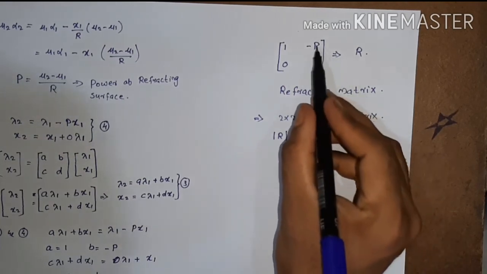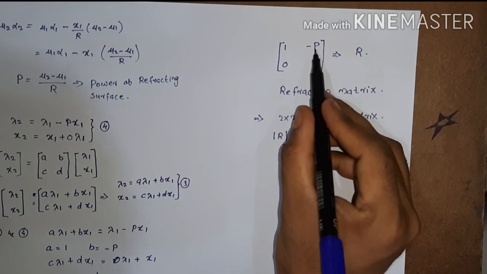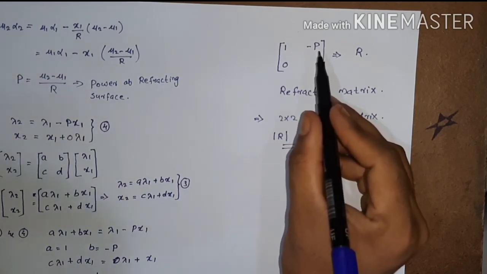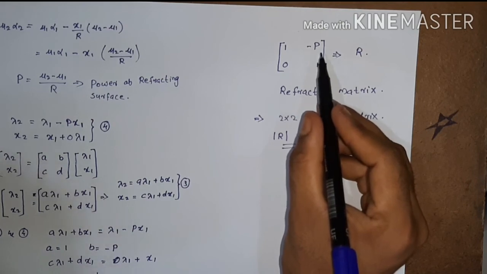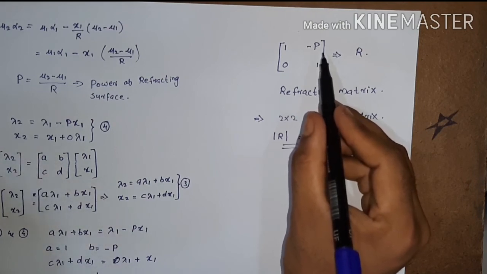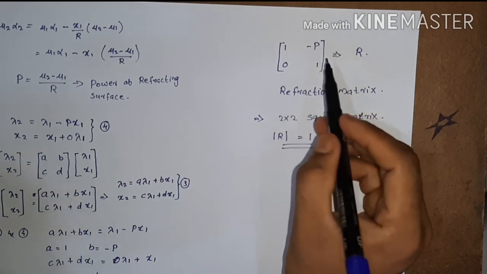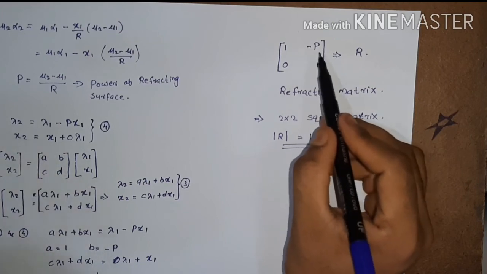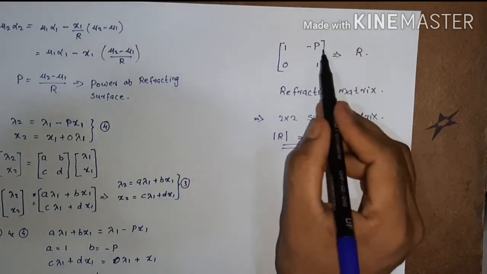Here this P is nothing but the power of the refracting surface. If we are dealing with more than one refracting surface, as in the case of a lens, there will be a first refraction and a second refraction. So we can represent the powers of the refracting surfaces as P1 and P2.